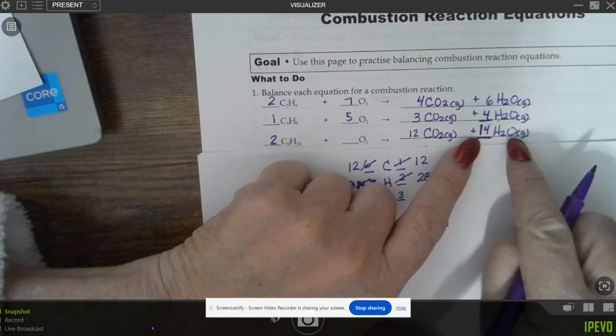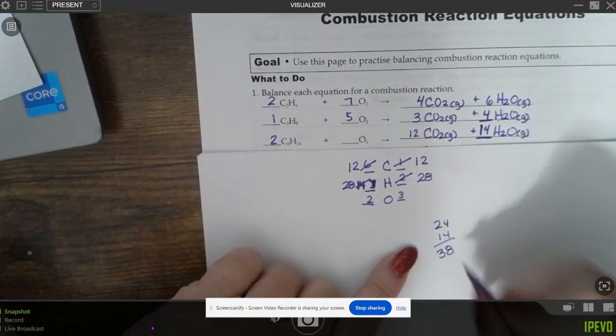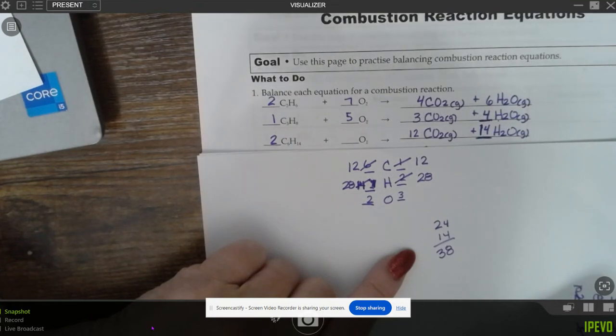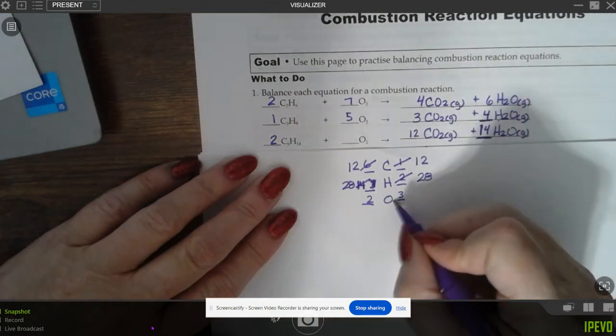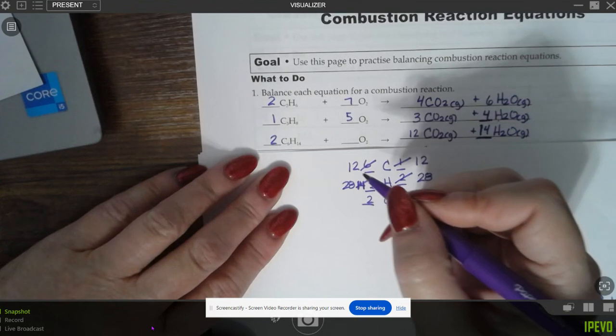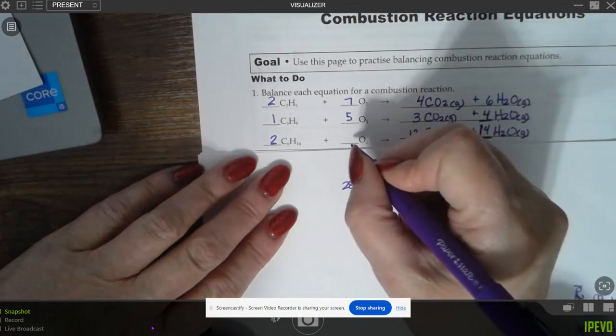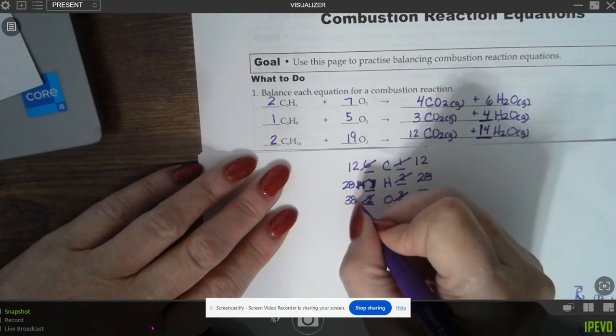And then 14 from the oxygen. So if I add that up, I get 38. Math. 38 divided by 2. Oh, I better put here that I've got 38 oxygen. 38 divided by 2 is 19. Is that right? So 19 times 2 gives me 38.